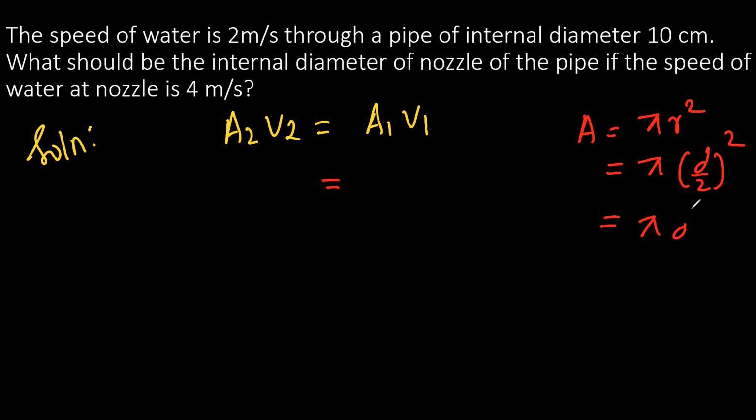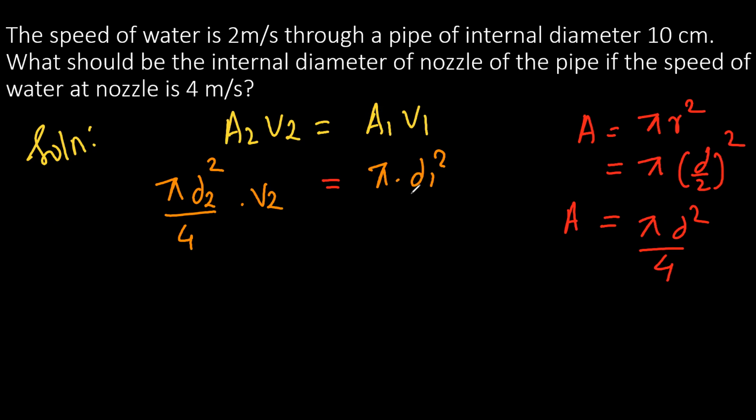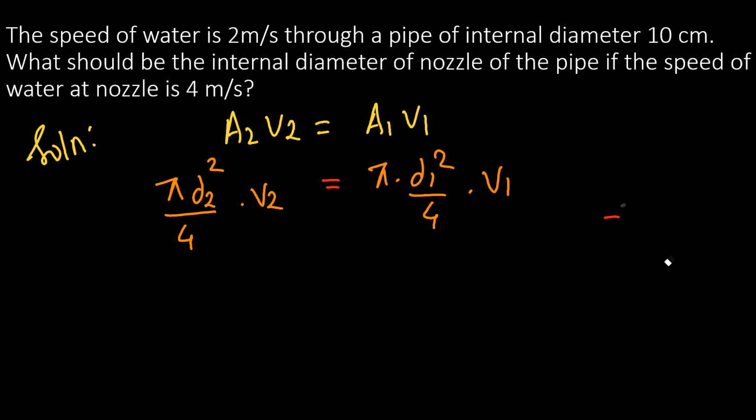This is pi d square by 4. I can use the same formula. So A2 is pi d2 square divided by 4, and V2, and pi d1 square by 4 into V1. Now constants are pi and 4, so that will get cancelled.